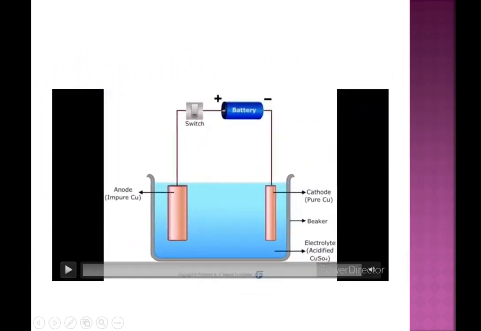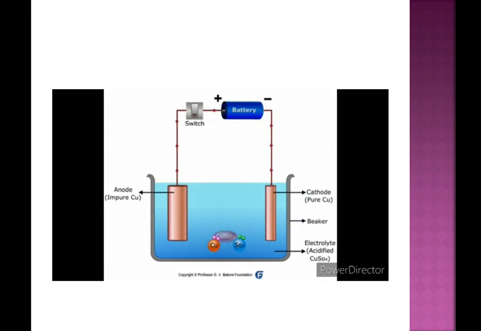You can see the process in this video. Here impure copper is taken in the form of anode, pure copper as cathode. Electrolyte is a copper sulfate solution. You can see the electrolyte breaks into copper ions and sulfate ions. Now copper ions move towards the cathode and they get deposited over there, taking 2 electrons from there.